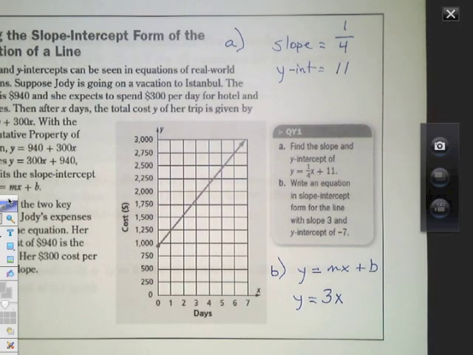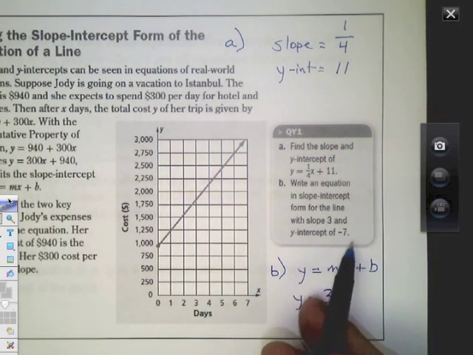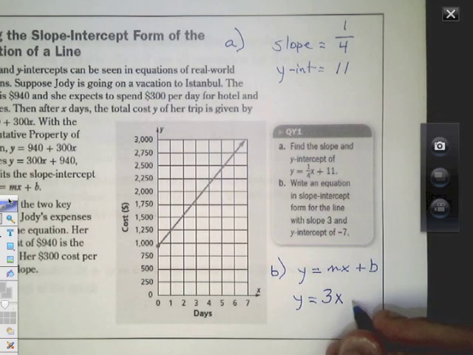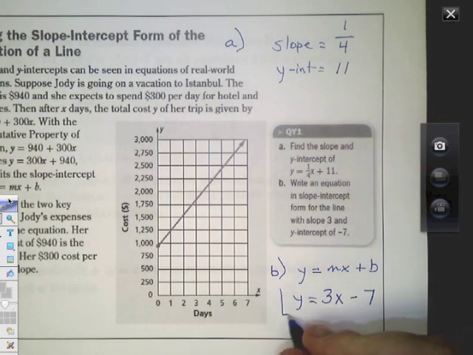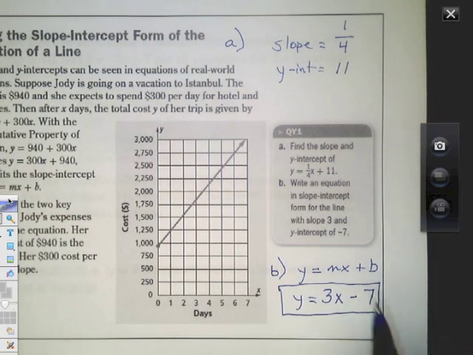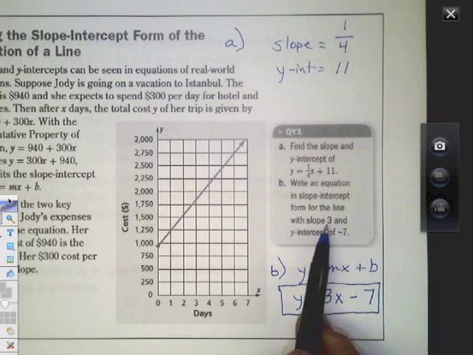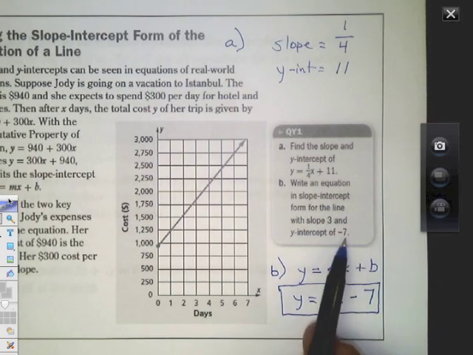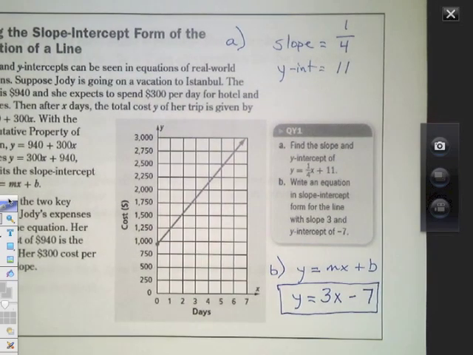Don't forget your x, that x has to go with it. My y-intercept is -7, so my -7 goes right after it. So an equation for the line that has slope 3 and the y-intercept of -7 is y equals 3x minus 7.